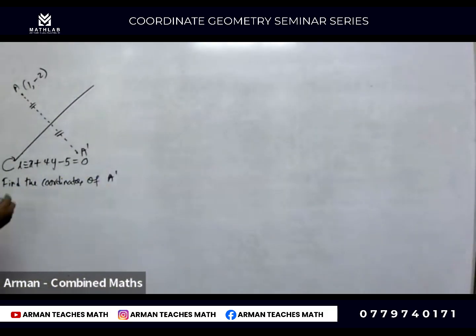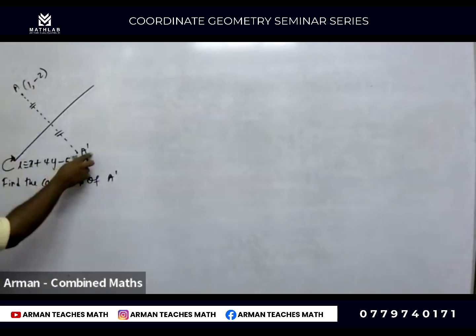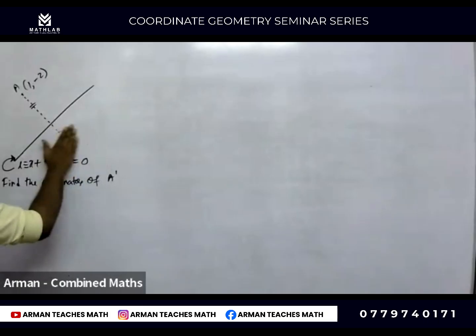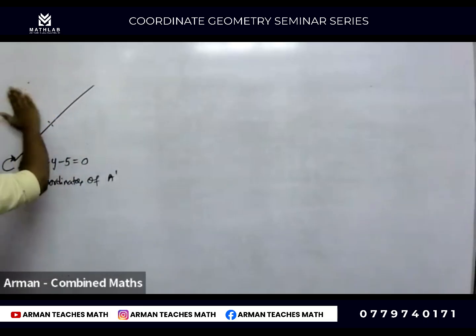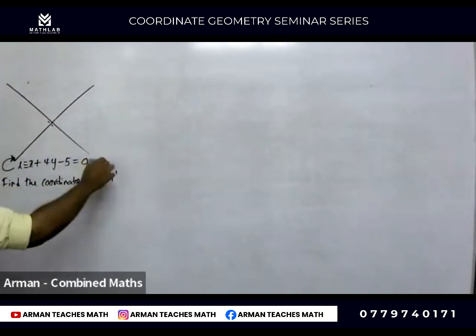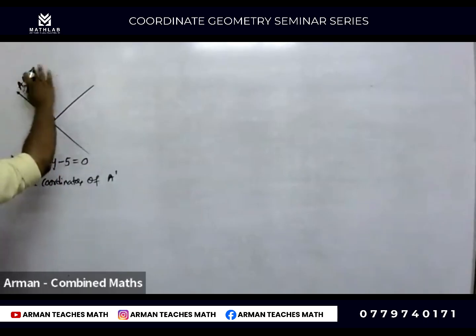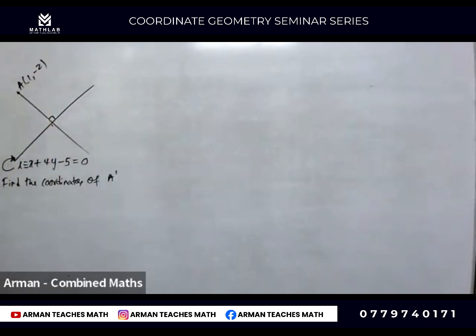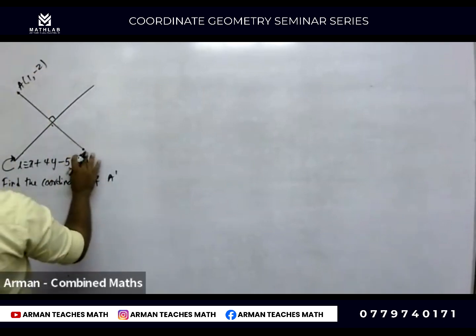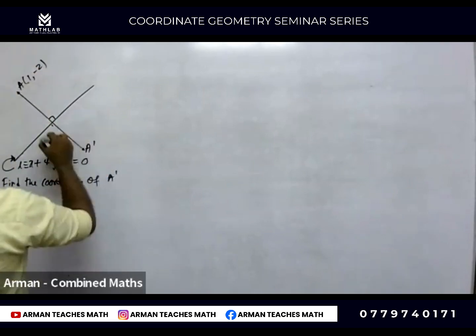So we have to find the coordinates of this capital A dash point. First of all, I will join A and A dash points, 1 comma minus 2, right? So we need to find the coordinates of this reflection point A dash.